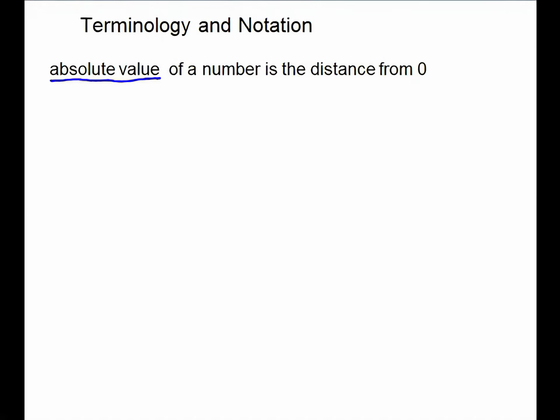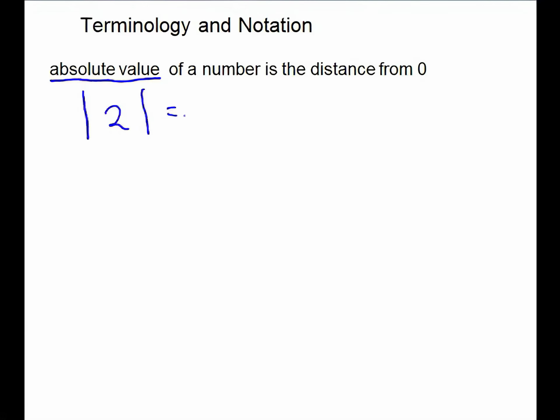Some terminology and notation. First, we have absolute value of a number is the distance from 0. The notation for absolute value is long straight marks longer than the number, and the number will be on the inside. So this notation is asking you how far is 2 away from 0.